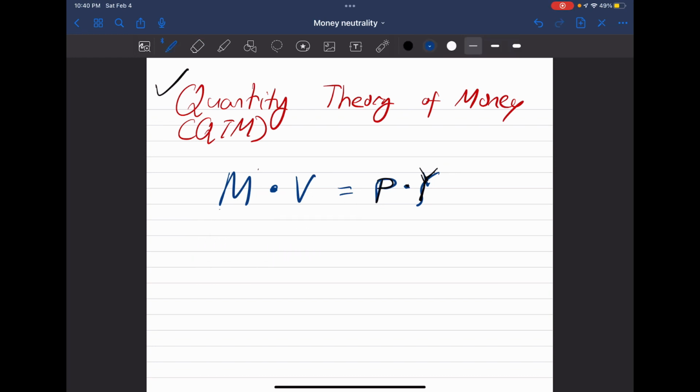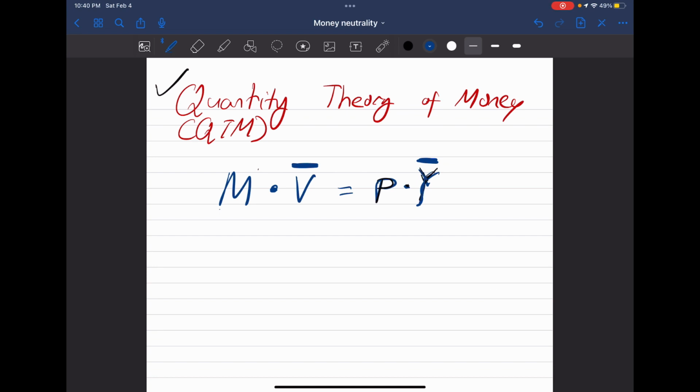So now let's work our way through it. How do we prove money neutrality from this? Let's say we keep velocity constant. So we don't care about the rate at which money is spinning. We just say it's constant, it's not changing. And let's say Y, the output in the economy, is constant. So we have velocity constant and we have Y constant.